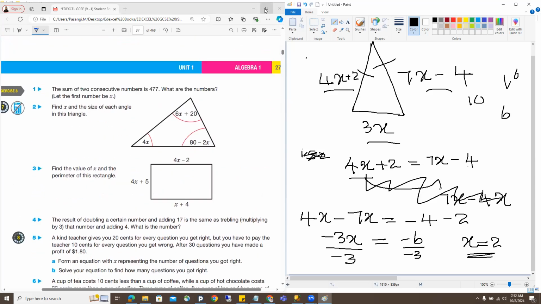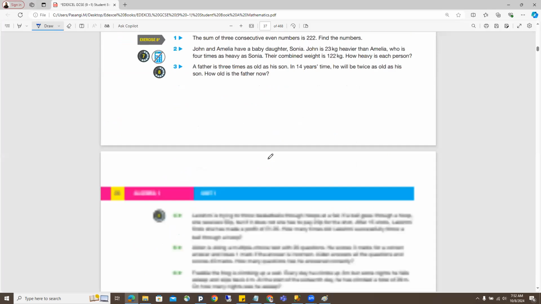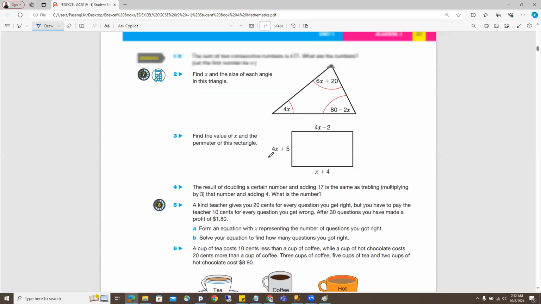Now you have to do all these questions with me, because these ones are statement questions. The entire exercise 8 is an in-class activity. Can you start with the first question?